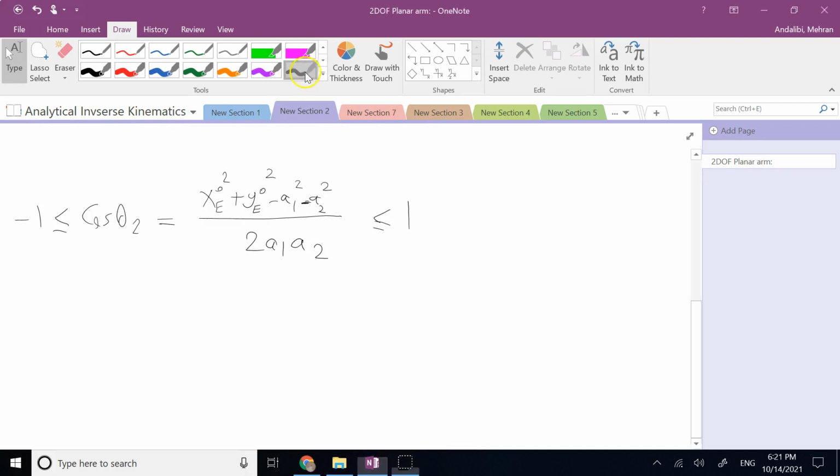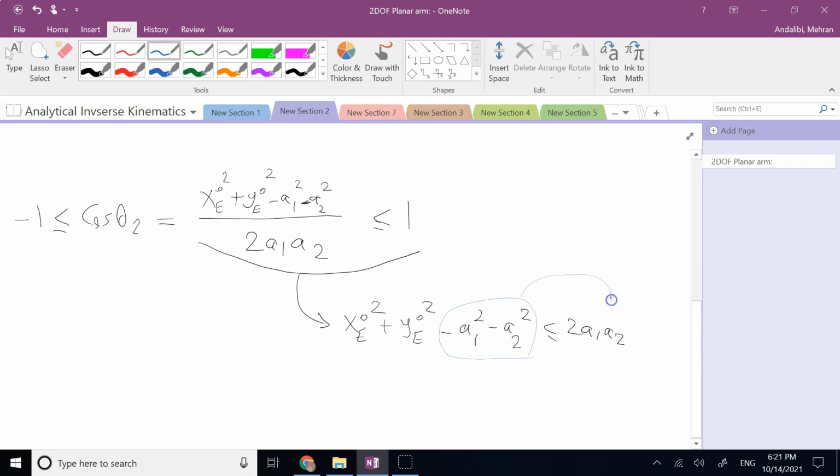Now, if you use the right-hand side part of it and you cross multiply, you will get x of the end effector in base squared plus y of the end effector in base squared minus a1 squared minus a2 squared less than or equal to a1 a2. Then you'll take these two negative terms and take them to the right-hand side.